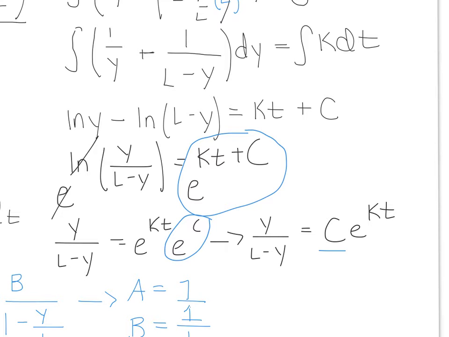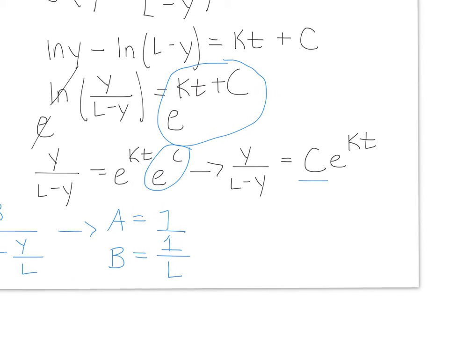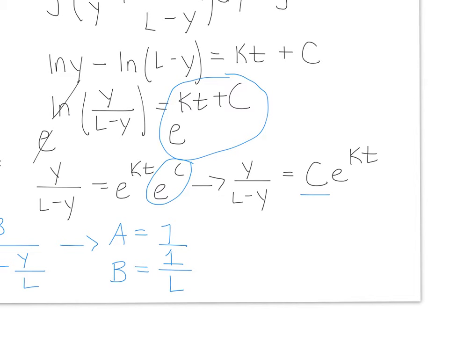Now we're pretty close to solving for y. The rest of this is just a big algebra problem, and for your own benefit, I encourage you to do it. But at the end of the day, you should be able to get it to this format with the powers of algebra: L over 1 over c e to the kt plus 1.